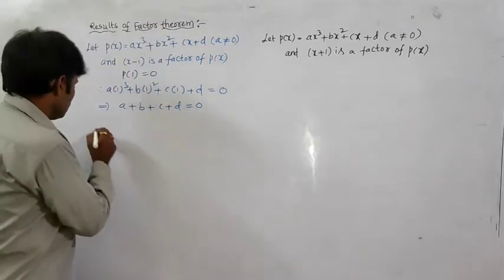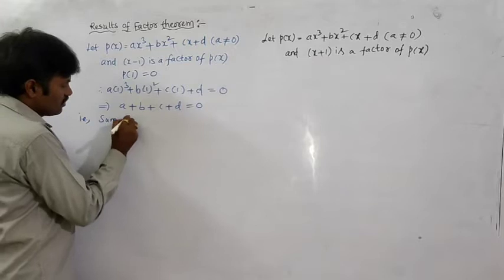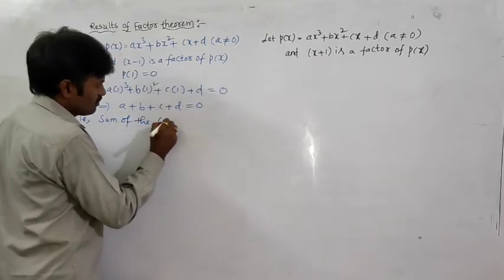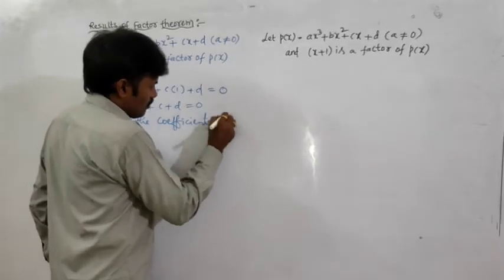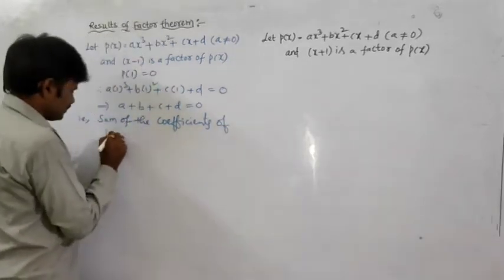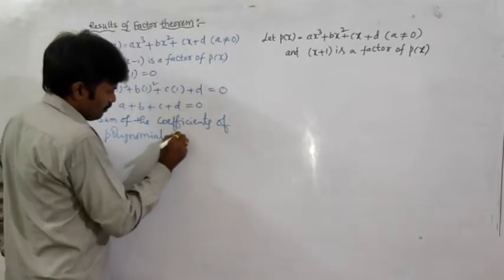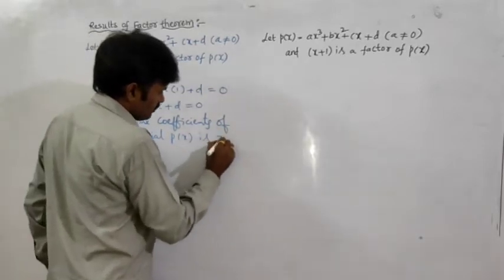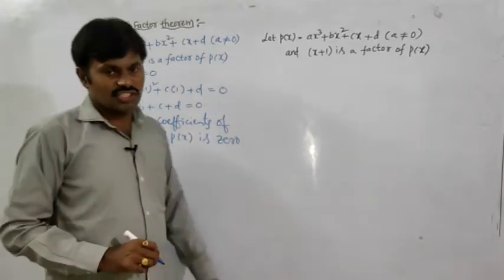That is, the sum of the coefficients of the polynomial p of x is 0.